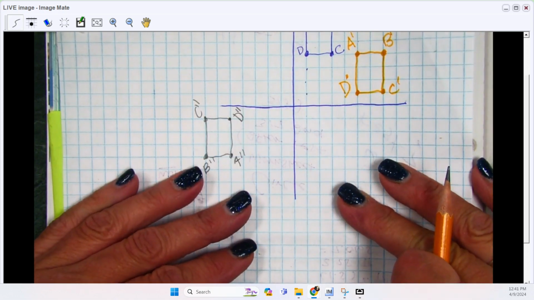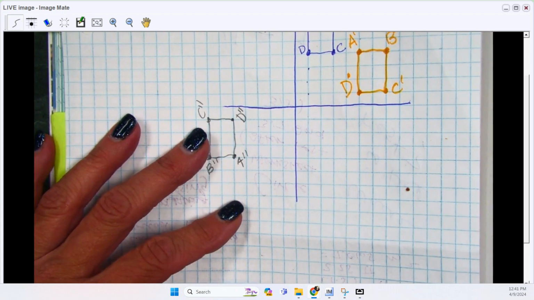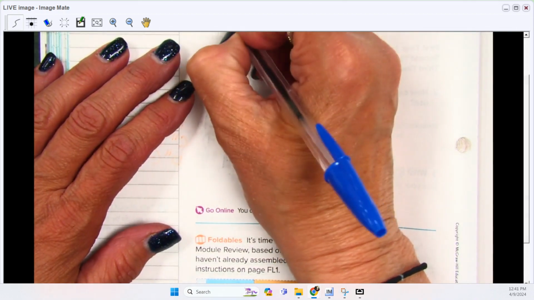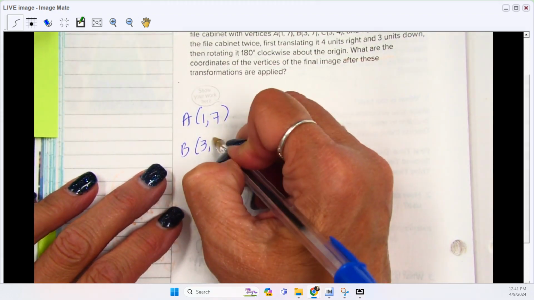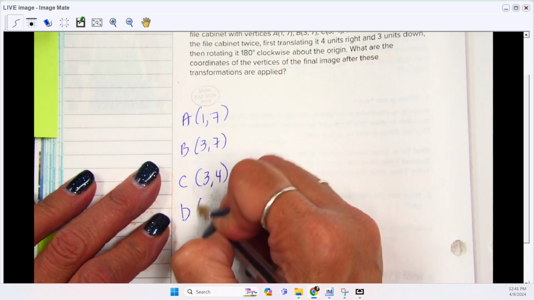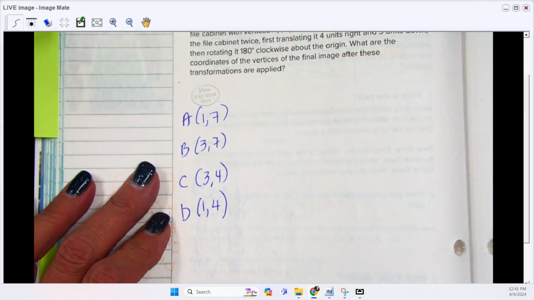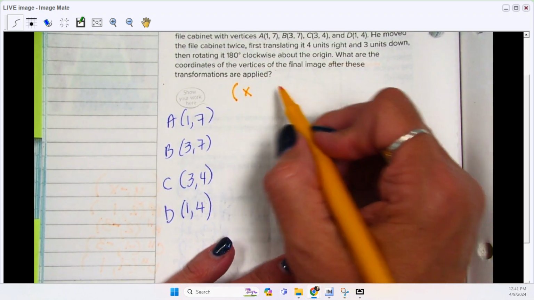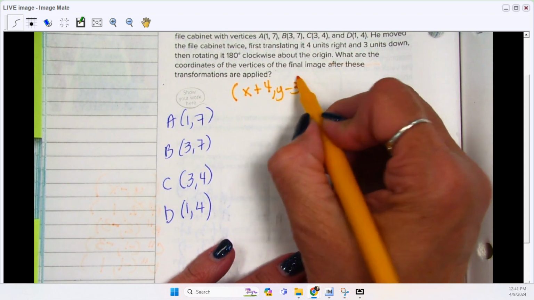Voila. Now, if I was to do this on my piece of paper, okay? A is 1, 7, B is 3, 7, C is 3, 4, and D is 1, 4. And then my translation is going to be x plus 4, y minus 3.